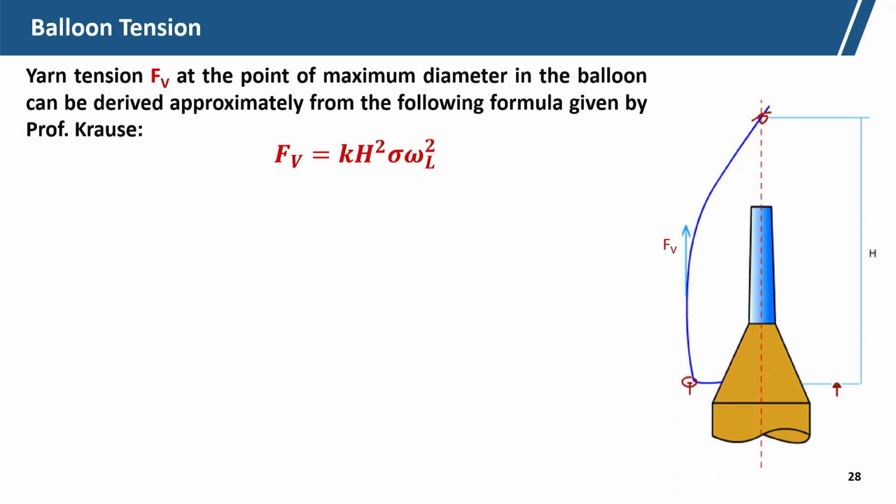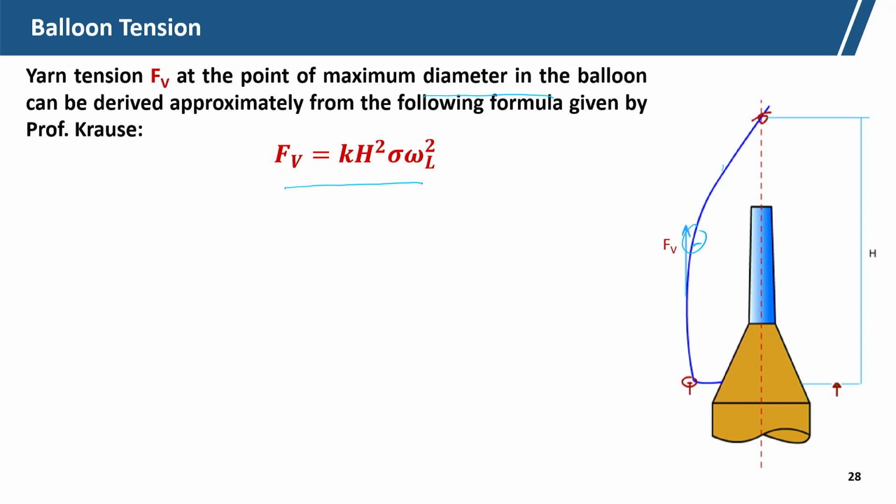The yarn tension F b at the point of maximum diameter, so this is the maximum diameter of the balloon, can be derived approximately from the following formula given by Professor Krauss.